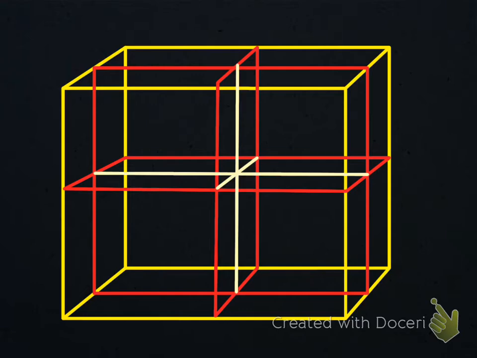In FCC arrangement, particles are present at the corners as well as at the face centers. 1, 2, 3, 4, 5, 6, 7, 8. It is not 8 unit cells, it is a single unit cell, and divided like this: front face, back face, top face, bottom face, left face center, right face center.